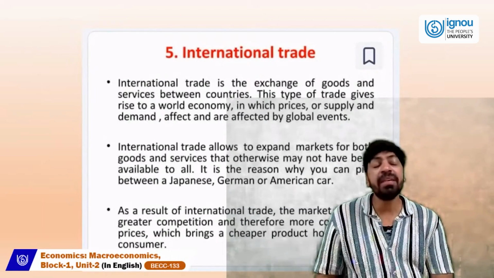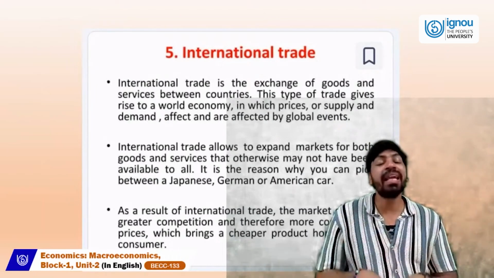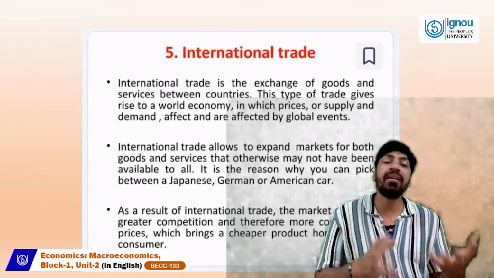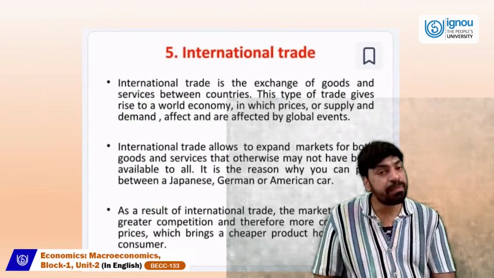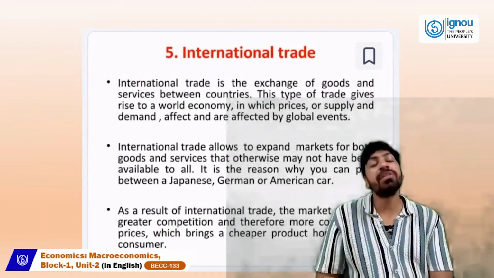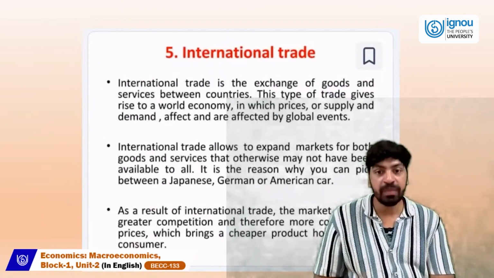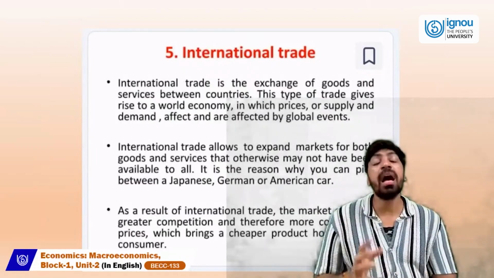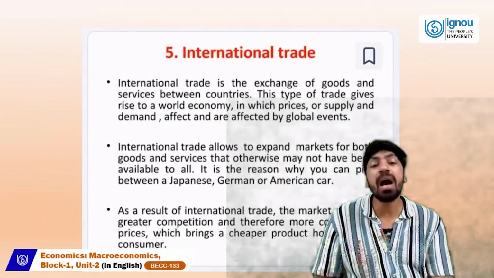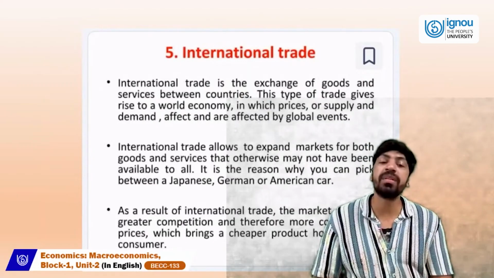If any global event or situation arises, the aggregate demand and aggregate supply of goods and services will automatically be affected. International trade also allows us to expand the markets for both goods and services.